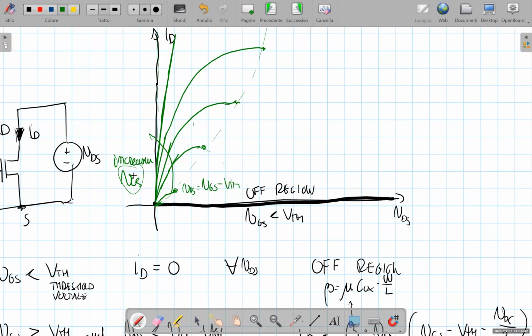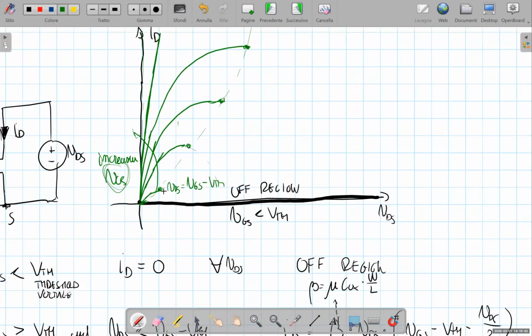This is for different VGS. When we reach the point that corresponds to the vertex of the parabola, that is VDS equal to VGS minus VTH, what happens? Based on the equation that we derived here, we should have that the current should decrease parabolically in this way. By the way, this is not what happens in practice.